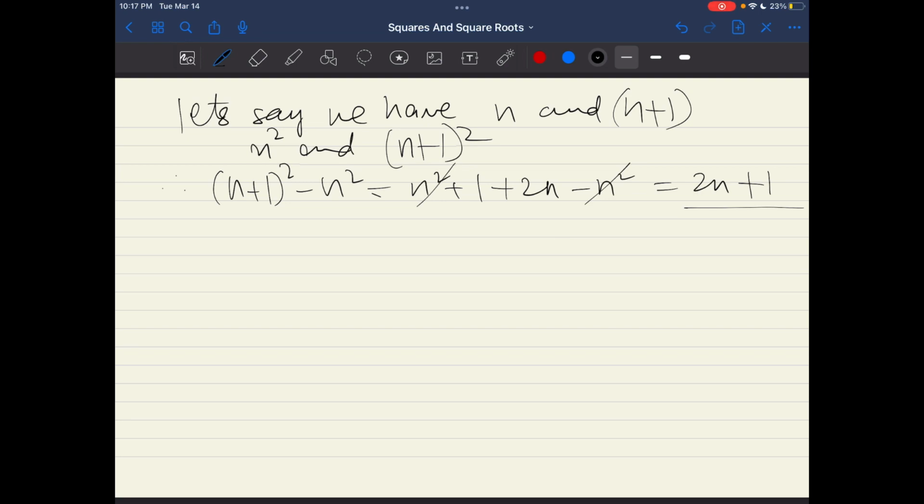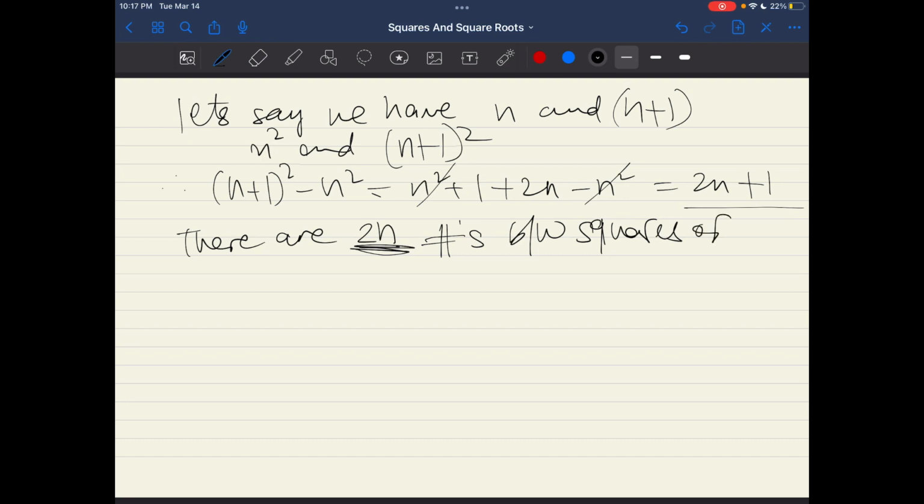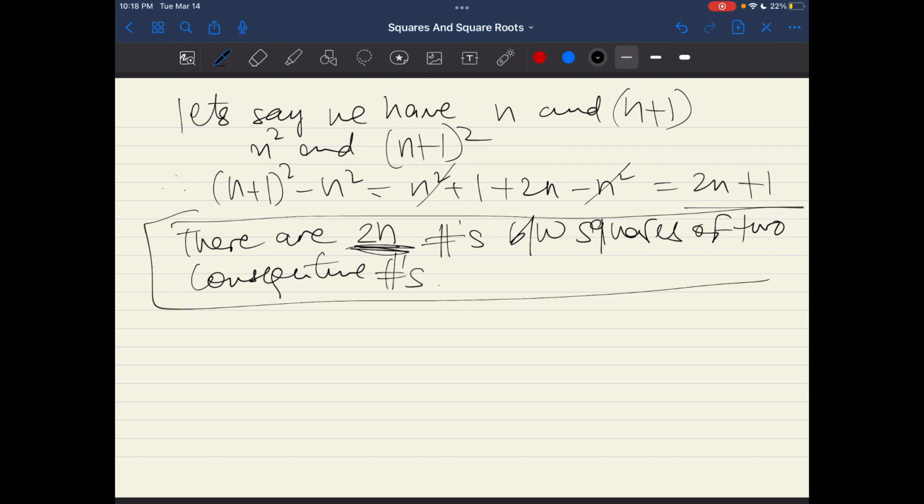We see that there are 2n numbers between the squares of two consecutive numbers.